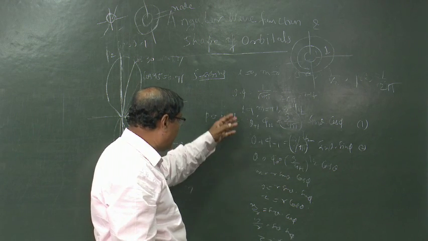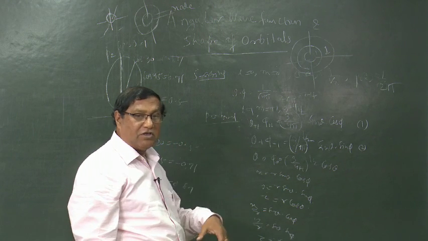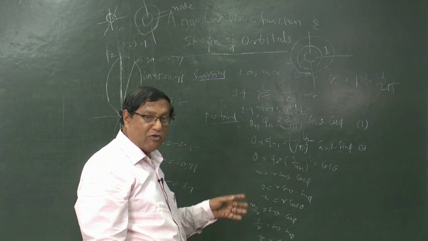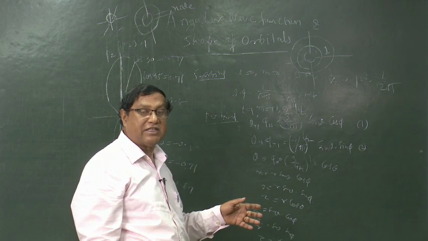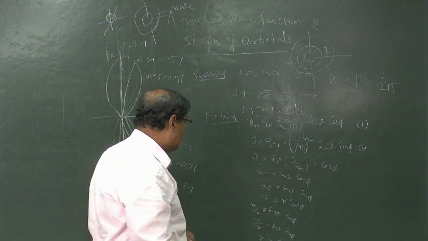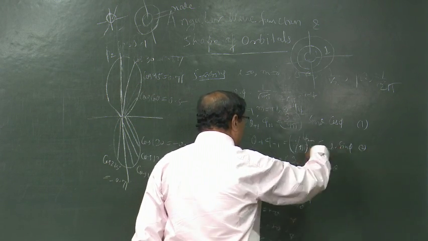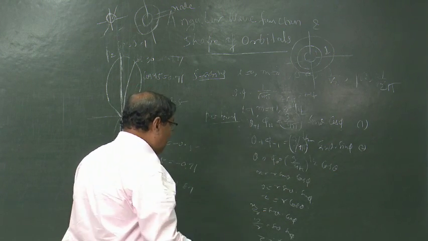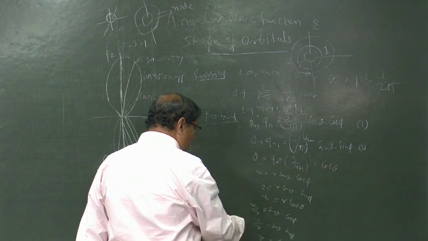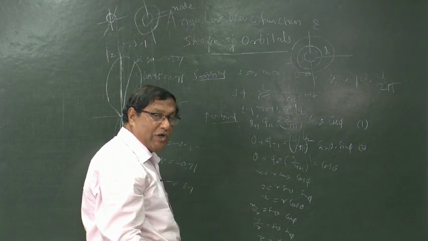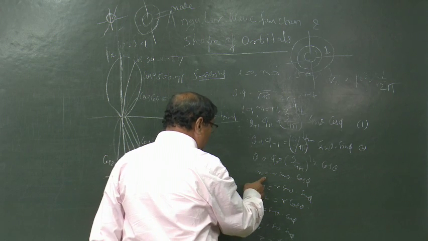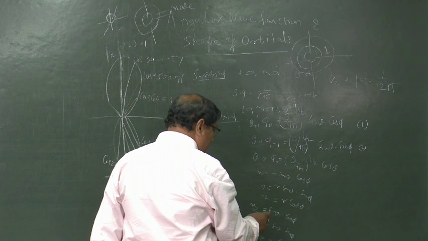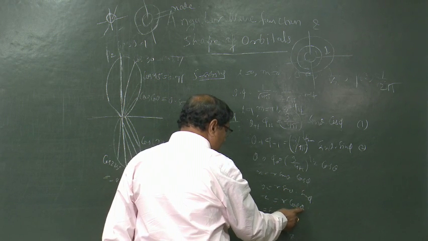Now, these wave functions we can convert into Cartesian coordinates, because the angular wave function will be plotted against the Cartesian coordinates. Therefore, these values are to be converted into Cartesian coordinates. In the polar coordinate conversion, we have already shown that x is equal to r sin theta cos phi, y is equal to r sin theta sin phi, and z is equal to r cos theta.